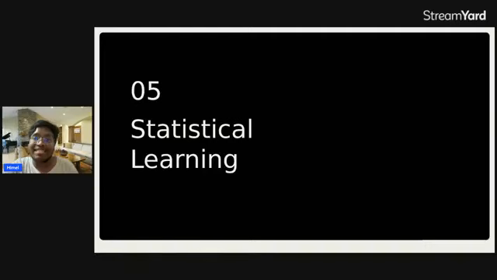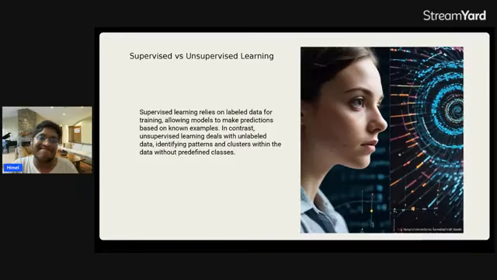Now comes our statistical learning, where we make the transition from traditional statistical methods to statistical learning to machine learning. One of the most fundamental distinctions is between supervised and unsupervised learning.